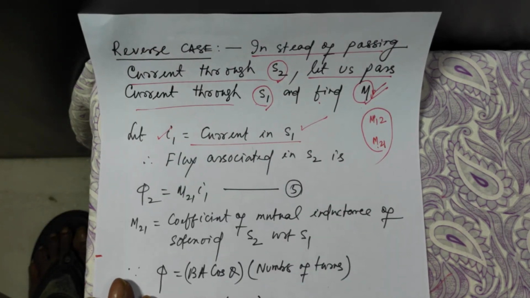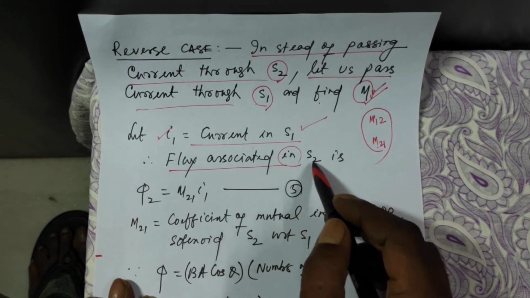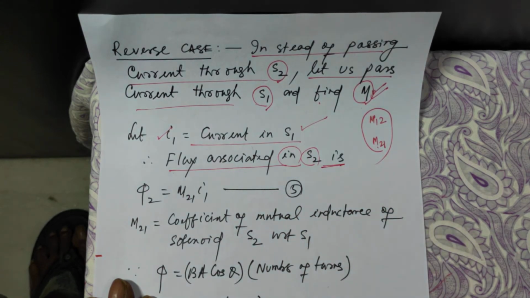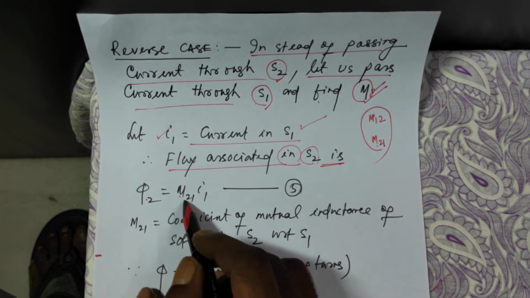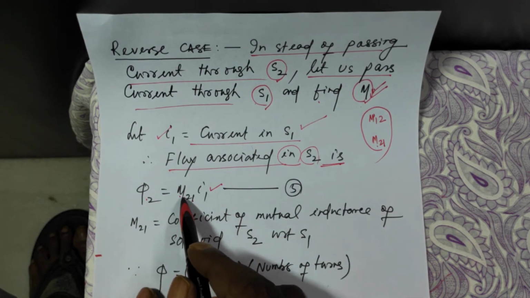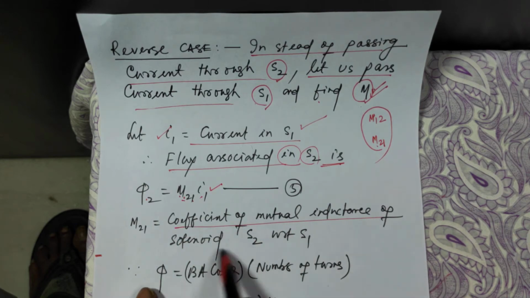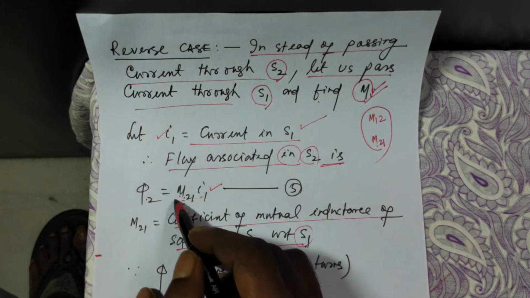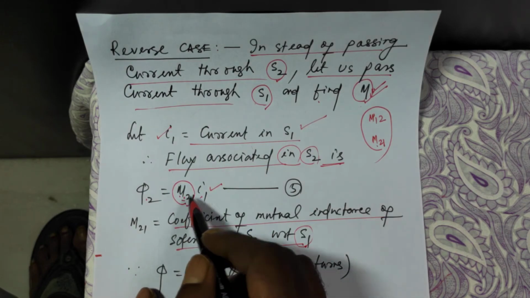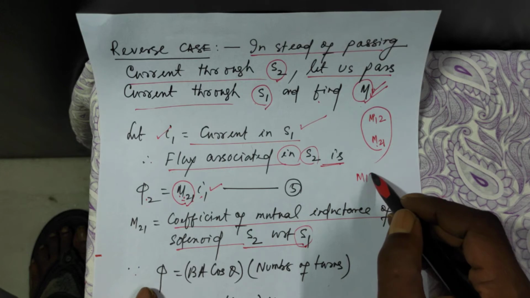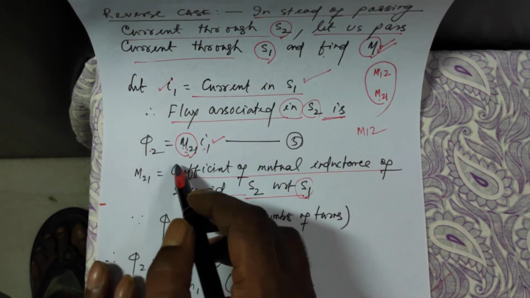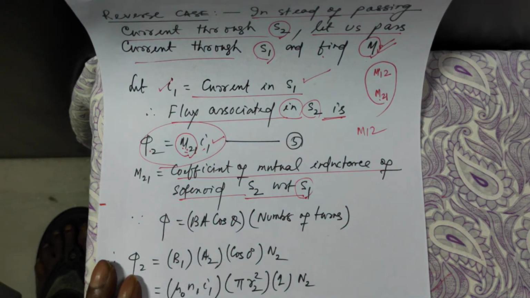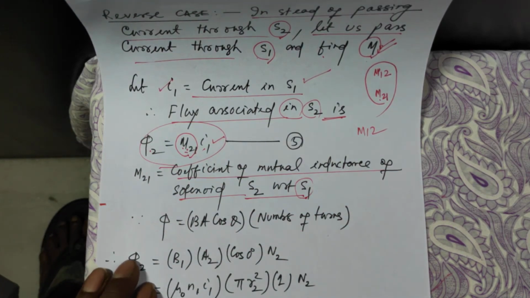So therefore the flux associated with S2 will be phi 2 is equal to M21 I1, where M21 is the coefficient of mutual inductance of solenoid S2 with respect to S1. We'll find this out and we'll see that this is also the same as M12. This is from electromagnetic induction lesson 11.